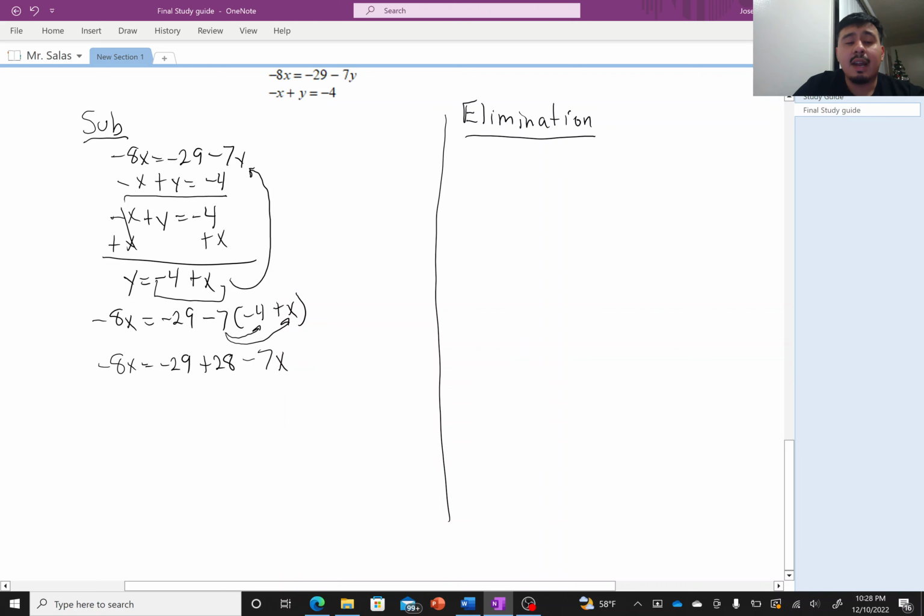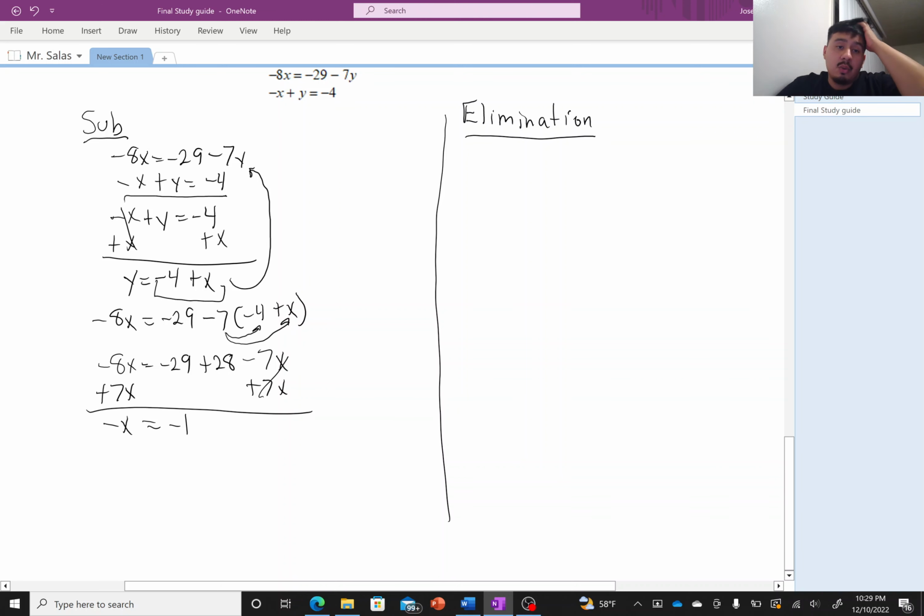All right, now I'm just going to combine like terms. So that means I'm going to go ahead and do plus 7x on both sides, plus 7x. The 7x's will cancel out. And I get negative 8x plus 7x, that gives me negative x, is equal to, what is negative 29 plus 28? That is negative 1. All right.